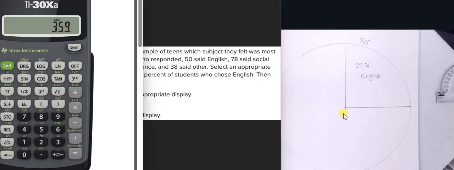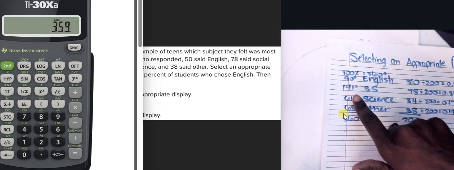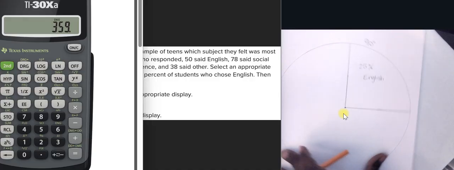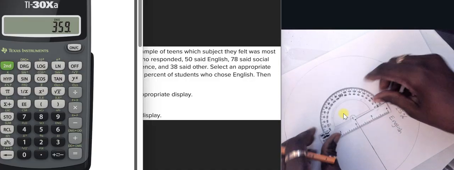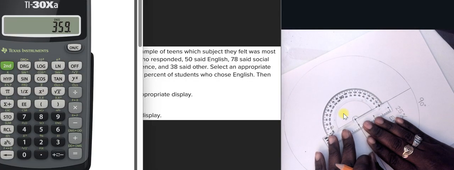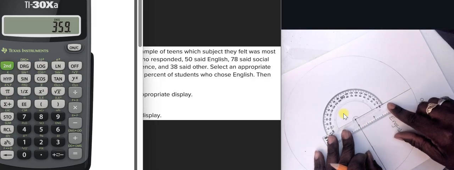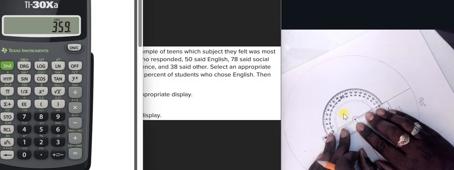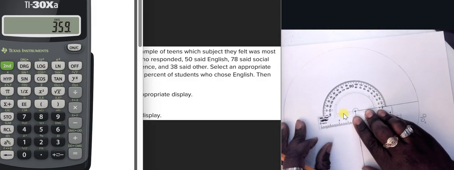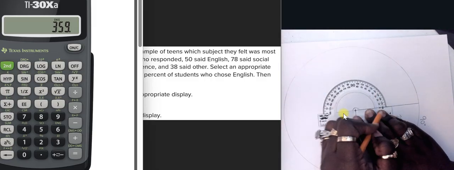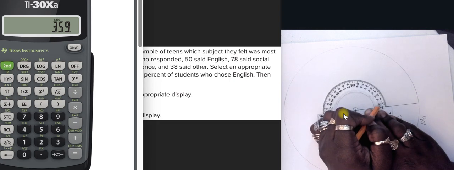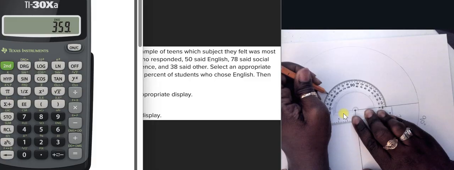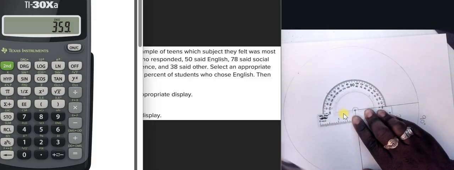All right, so our next one that we need is going to be for social studies. We rounded that one up to 141 degrees. So I'm going to put my protractor on top of the center, make sure that one side is lined up. This is going to be our 0, and we are going to go to 141 degrees. So I need to find 141. So this is 0. I'm looking at the number on the bottom and going all the way until I get to 141, which is right here.